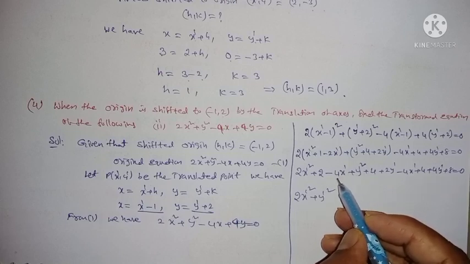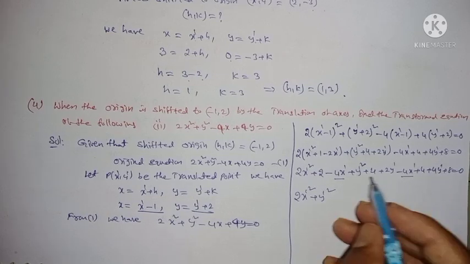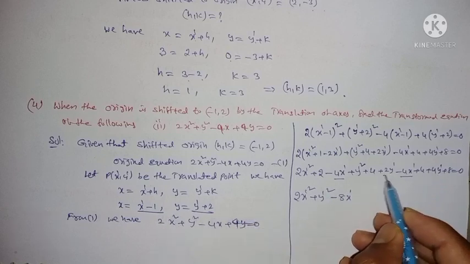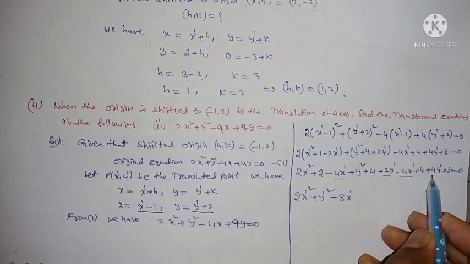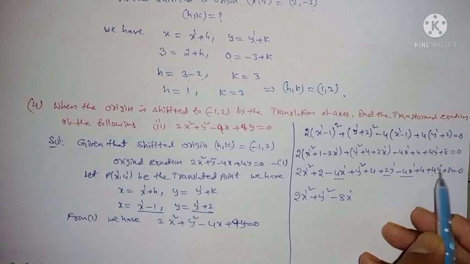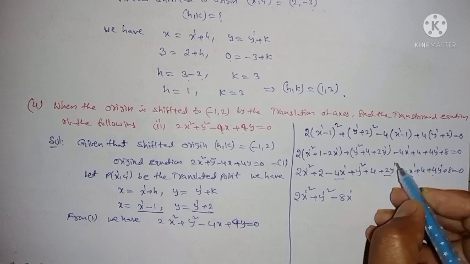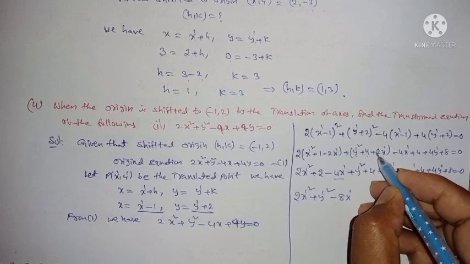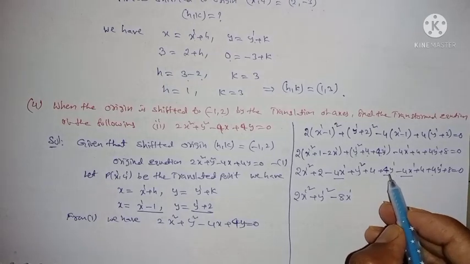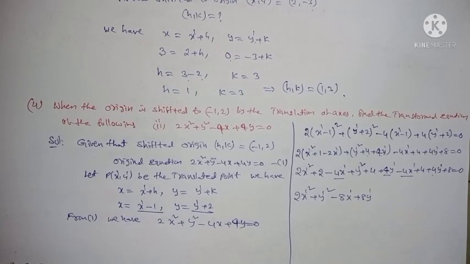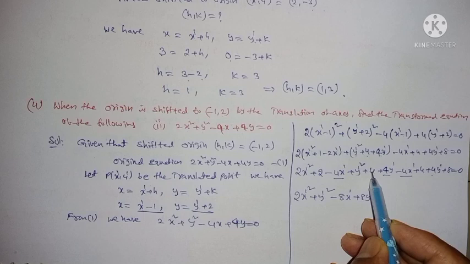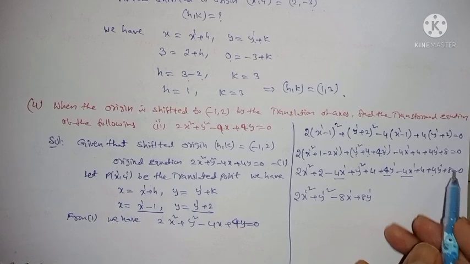The x' terms give minus 8x'. For y' terms, we get 4y' and another 4y', so I can write here 8y'. Then the constant: 2 plus 4 is 6, plus 4 is 10, plus 8 is 18.